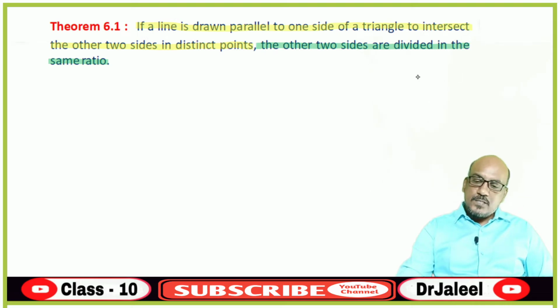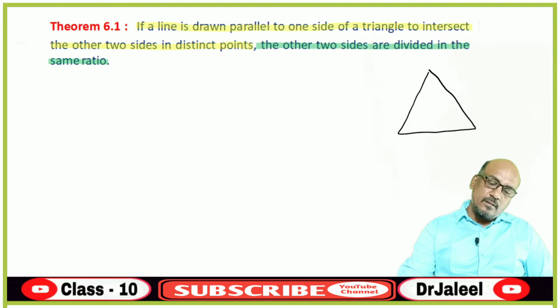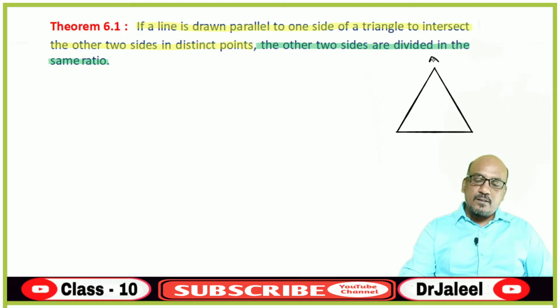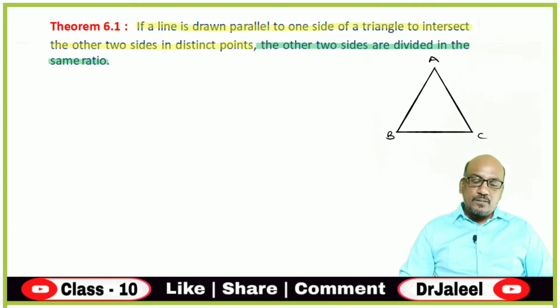So children, let us first understand what is given. In a triangle, I am taking a triangle called A, B, C. If a line is drawn parallel to one side, that means I am drawing here DE, a line parallel to one side, mean DE is parallel to BC.